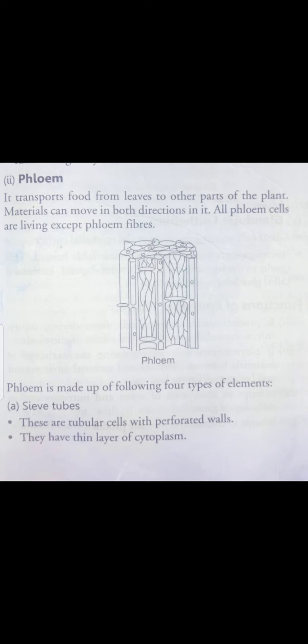So what is phloem? It is the transporting tissue which transports the food which is prepared in the leaves of the plant. Okay, so here the leaves perform the process of photosynthesis. We already know that they perform the process of photosynthesis, and as a result of photosynthesis, starch, then water and oxygen are the byproducts.